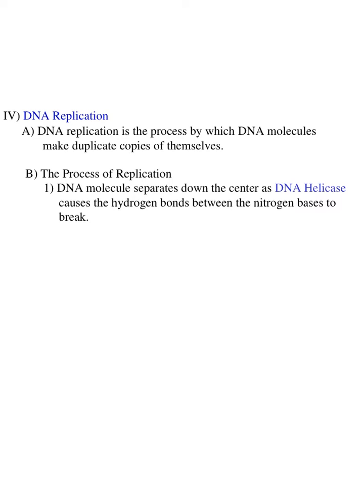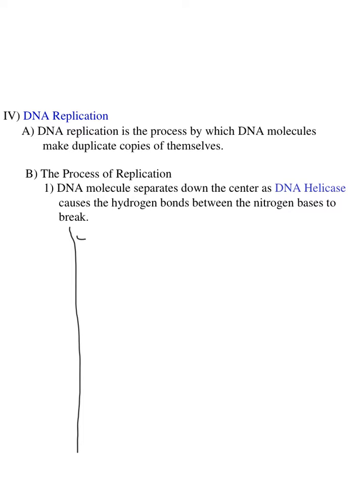All right, so DNA replication is the process by which all these DNA molecules can make duplicate copies of themselves. So we're going to start out with a parent strand of DNA, our original strand of DNA. And rather than making a full ladder diagram, I'm just going to write our little uprights here and assume that you already know that this is alternating sugar, phosphate, sugar, phosphate, sugar, phosphate, sugar, phosphate, sugar, phosphate.